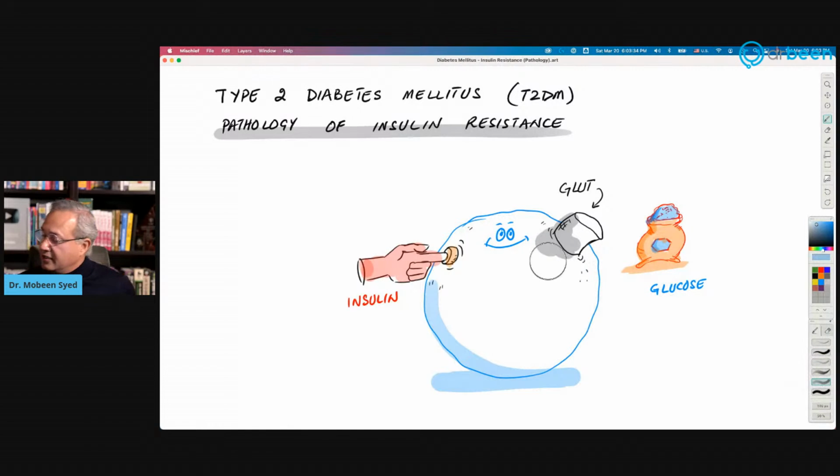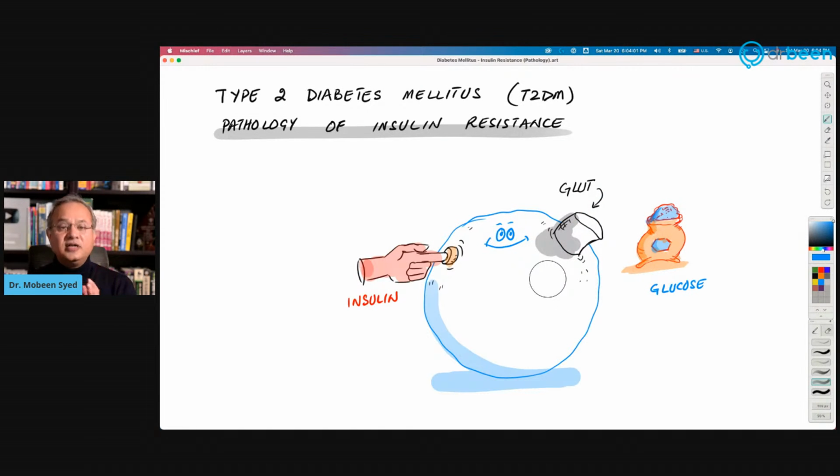So let's see. Imagine this is a cell, any normal cell. The cell needs glucose. And imagine this is the glucose channel, called GLUT, glucose transporter. The function of this channel is to allow glucose from here to enter the cell. But the glucose cannot just enter the cell by itself.